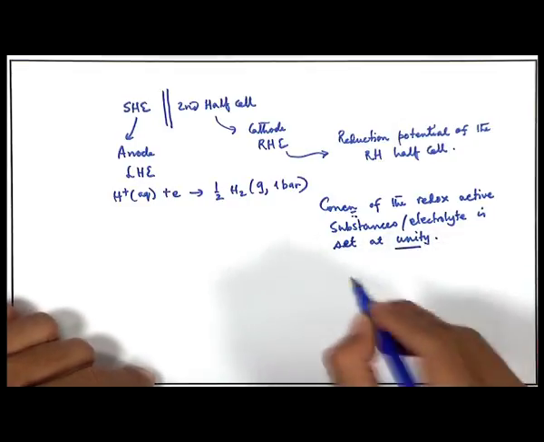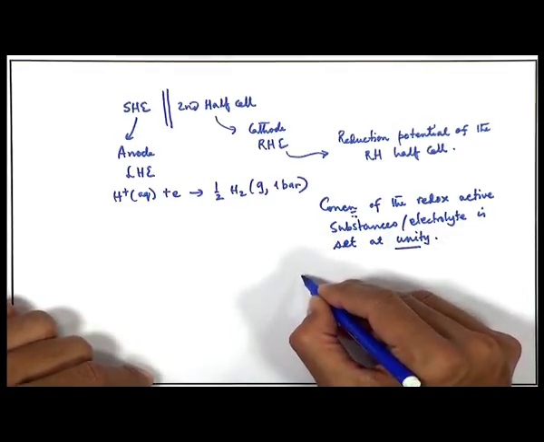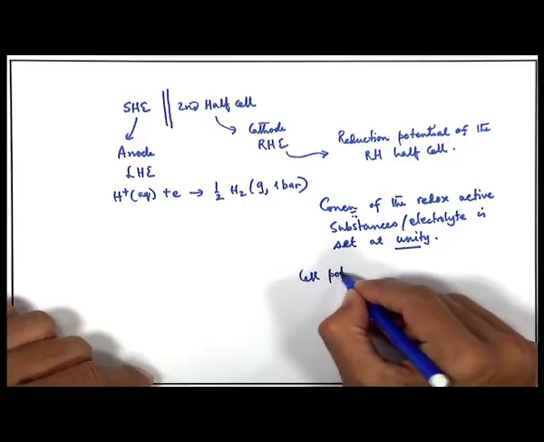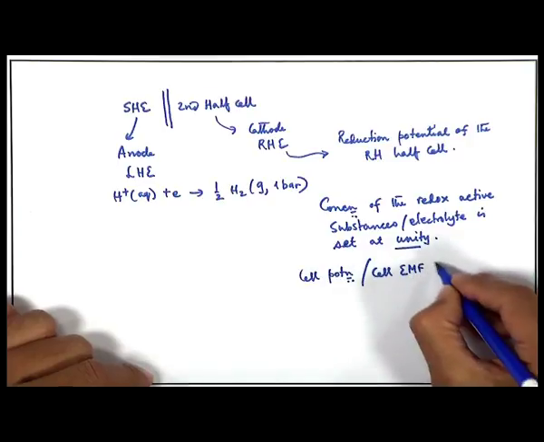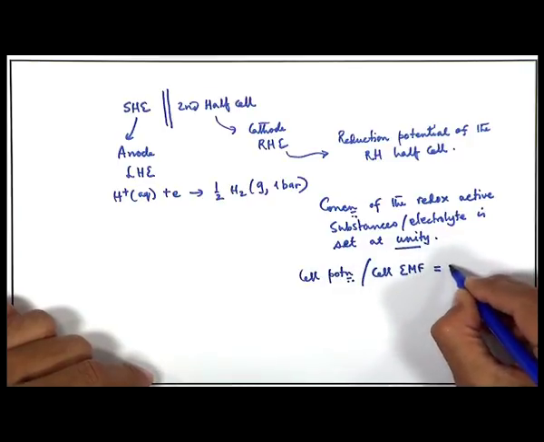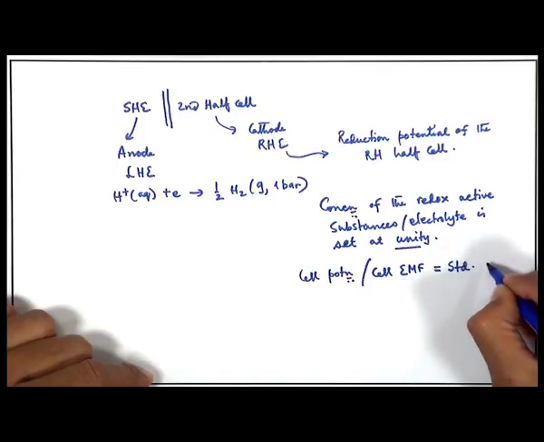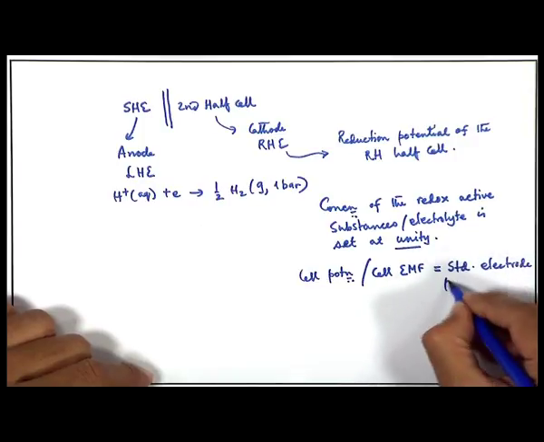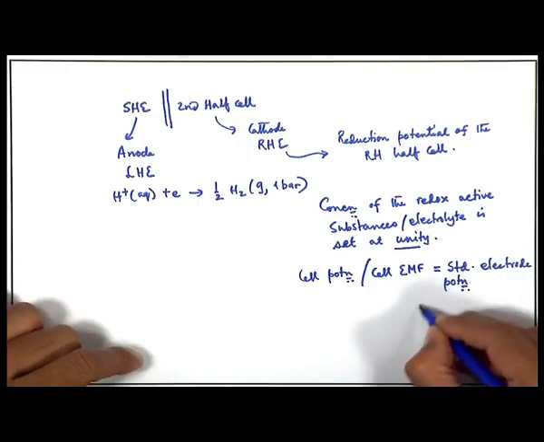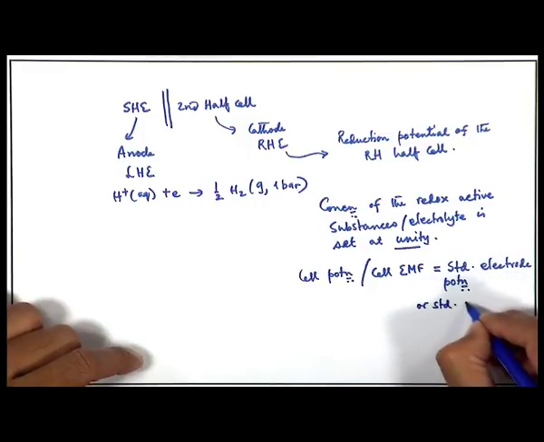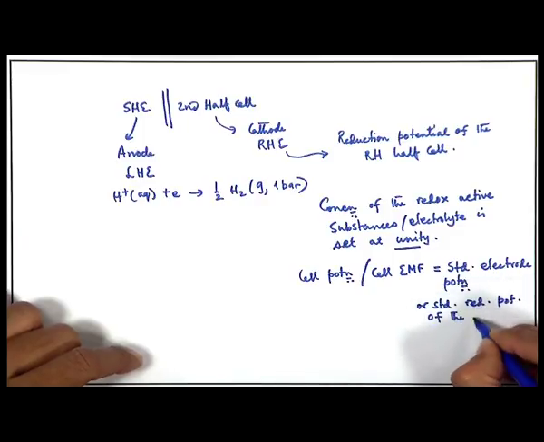So, if you keep this like this, then the cell potential or cell EMF is equal to the standard electrode potential, or the standard reduction potential, of the half cell in question.